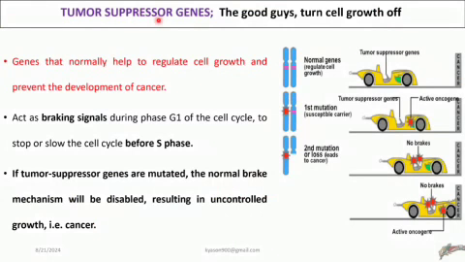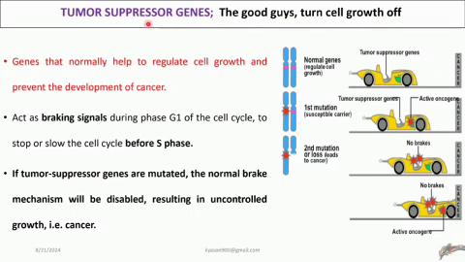The tumor suppressor genes. These genes code for the formation of proteins that prevent the cell from going through division.